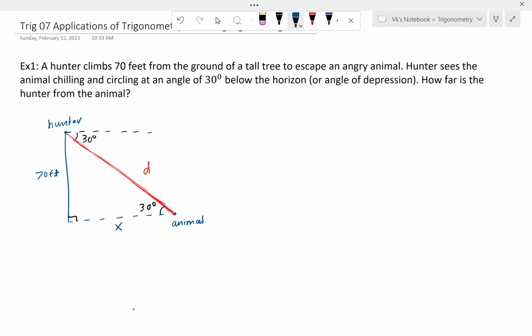There's a relation between the 30-degree angle, 70 and D, and that is sine. Sine of 30 degrees is 70 over D. We know sine of 30 degrees is just 1 over 2, so 1 over 2 is 70 over D. So D is 2 times 70, which is 140 feet. Slick.